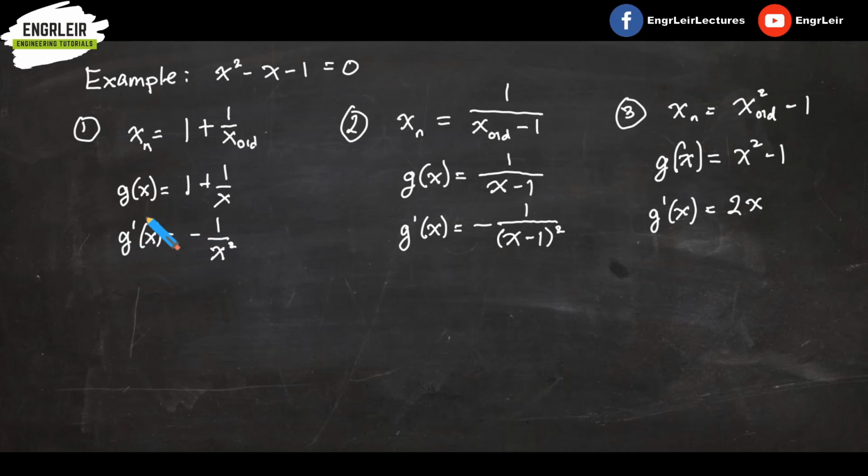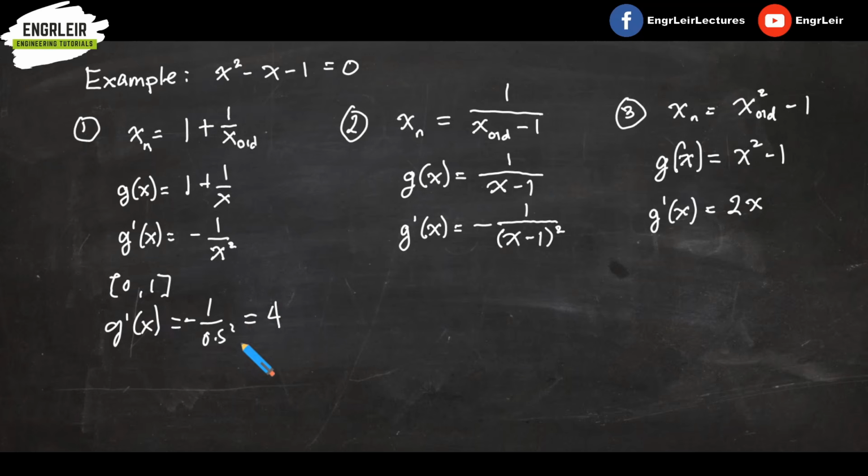Pag kinuha ko yung derivative niyan, it will become negative 1 over x squared. Pag nag-substitute ako ng value sa x, let's say in the range 0 to 1, so any number in between, let's say 0.5, so g prime of x equals negative 1 over 0.5 squared. This becomes 4.